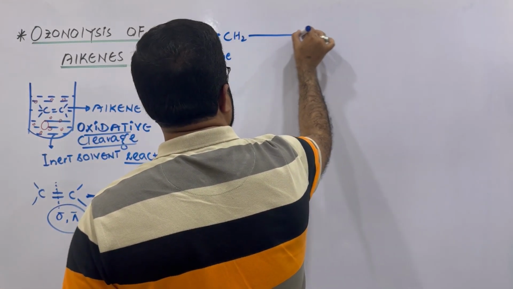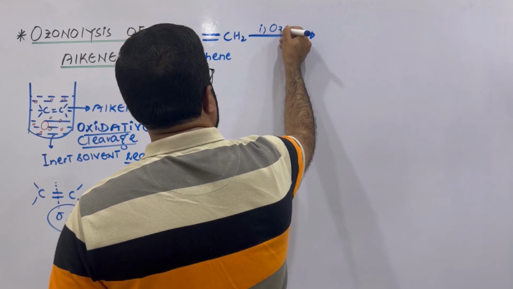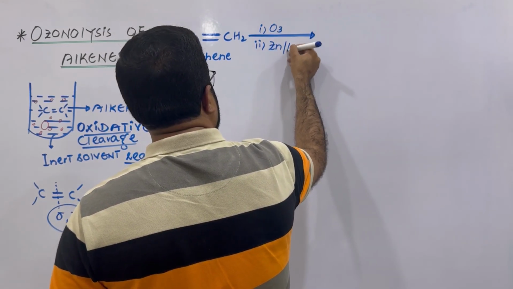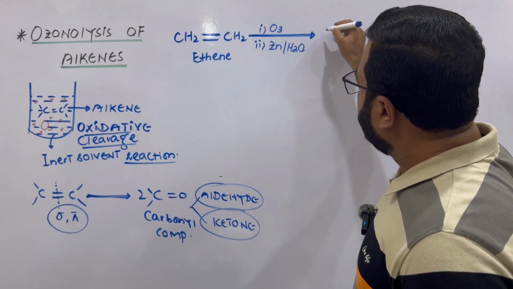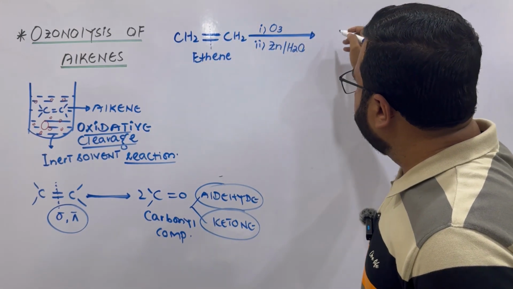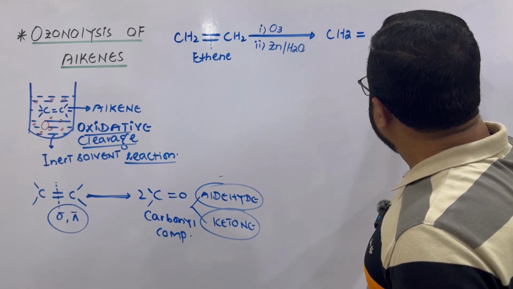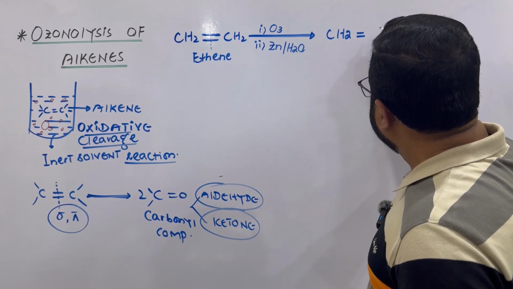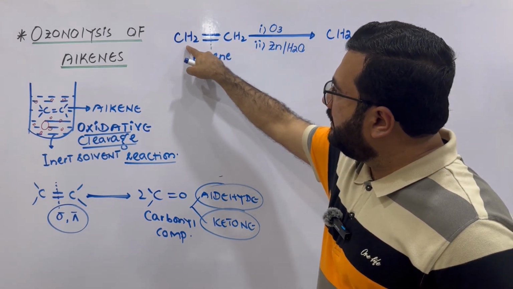If ethene is first treated with ozone and then zinc dust and water, zinc dust means powdered zinc, then my dear students, the double bond gets cleaved, and both carbons which were joined by the double bond will get one oxygen atom, and both will be oxidized.